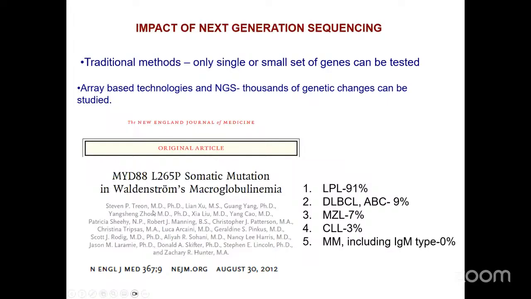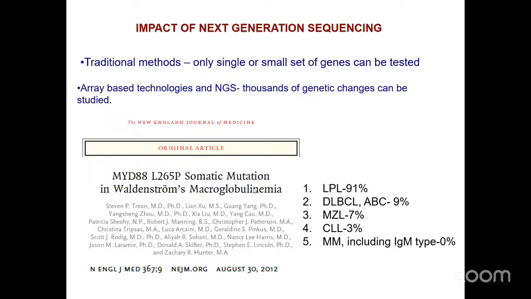And then we identified MYD88 L265P somatic mutations with Waldenstrom macroglobulinemias. And these mutations are identified in greater than 90% of the cases of LPL. And now this can be used as a marker almost for lymphoplasmacytic lymphomas.